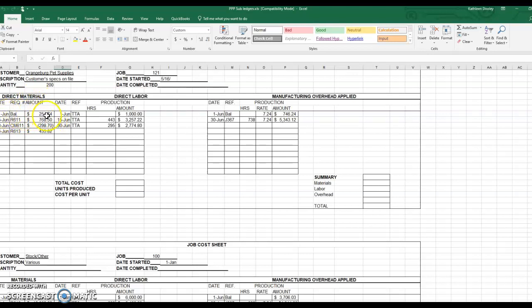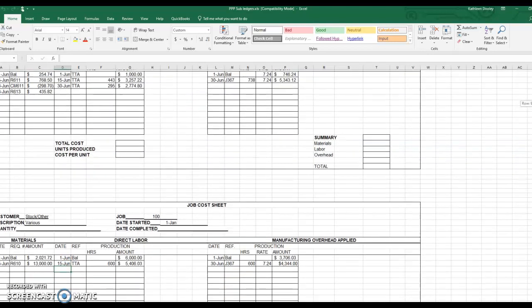And we did have a balance from May that we started out with. So we've now put all the direct materials into our job cost sheets, and we put the issued parts into our material subsidiary ledgers. So we're now done. We're not totally done.